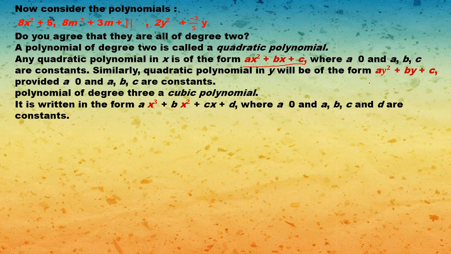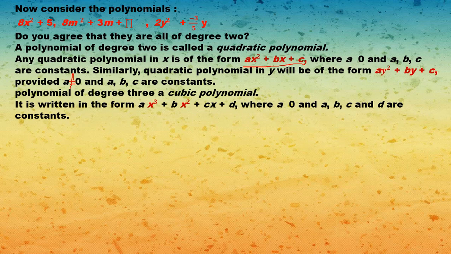If the variable is y, we can write in place of x: ay square plus by plus c. Here a, b and c are constants, and a is not equal to 0; only then it will become quadratic.